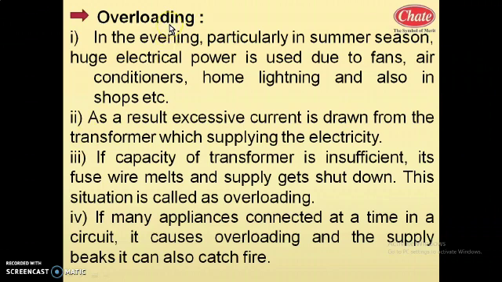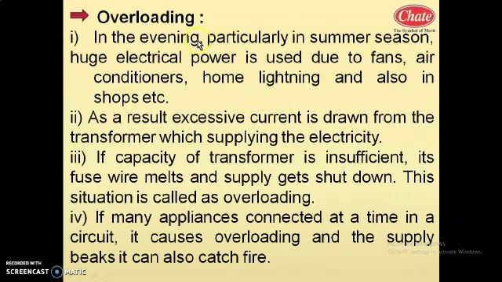To overcome overloading or short circuiting, again we use the heating effect of electric current, that is the fuse or MCB. But before that, we study what overloading is. In the evening, particularly in the summer season, huge electric power is used due to fans, air conditioners, home lighting, also for cooking, and also for shops.